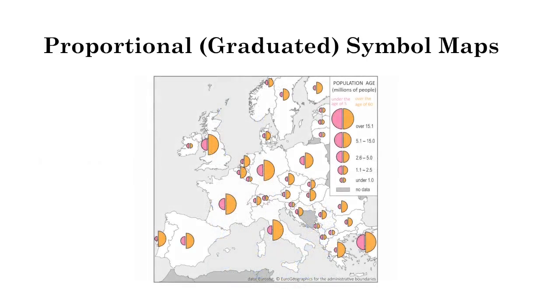Here's another proportional symbol map. We're looking at population age in terms of millions of people. The pink represents population under the age of 5, a very large youth population if it's big, and the orange represents the population over 60. If that's big, that represents a high elderly population. In Ireland, they look pretty equal.